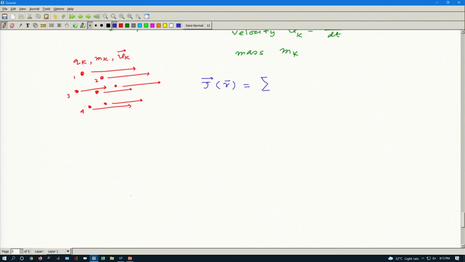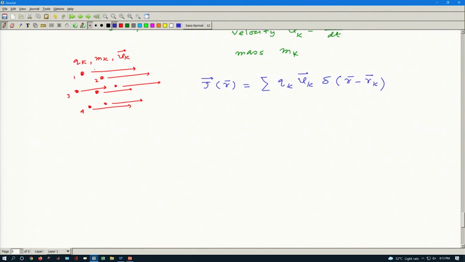Here they are moving, so it should be q k v k vector and then delta of r minus r k.